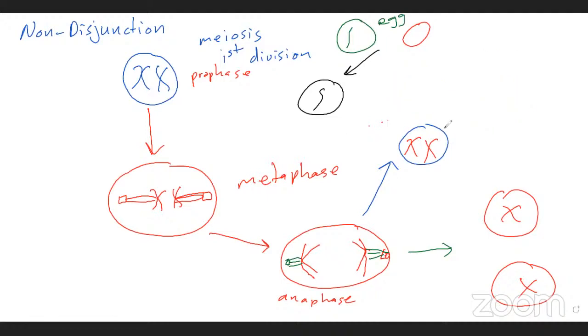When this cell divides now under the second meiosis, how many chromosomes will be in each of these cells? Two. Remember, after meiosis two, how many chromosomes should be in each cell? One.